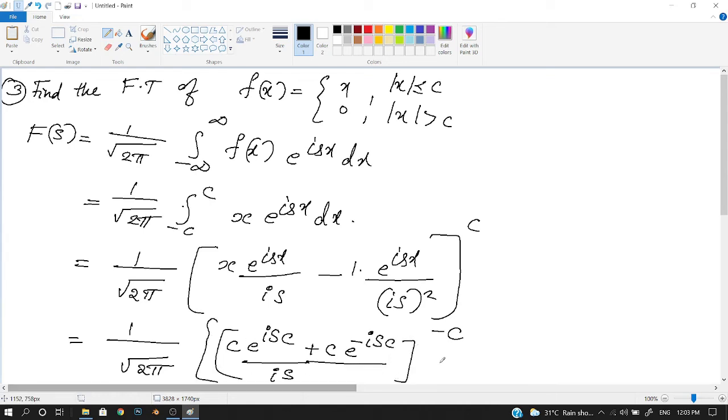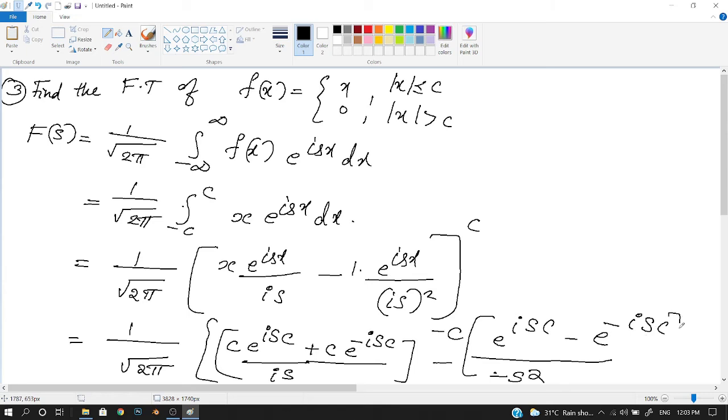Now again we have minus of I square s square in the denominator. I square means minus 1, so minus s square in the denominator. Then you can put e raised to I s c minus e raised to minus I s c. Now you can rearrange the terms.